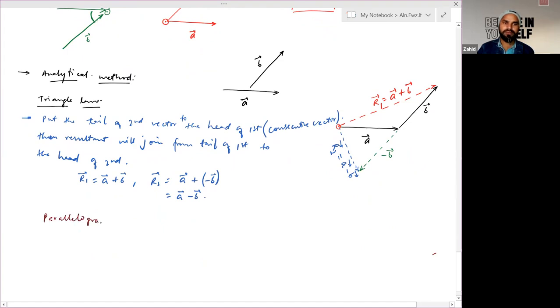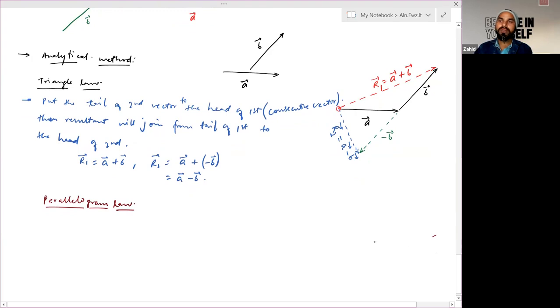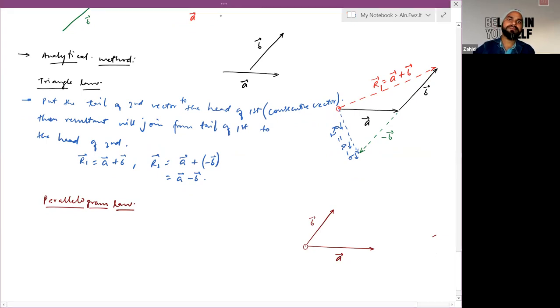Next is parallelogram law. For this, try to arrange two vectors to form co-initial vector or co-terminal vector. Like this is your vector A, arrange vector B like this so that these two will behave as co-initial vectors.